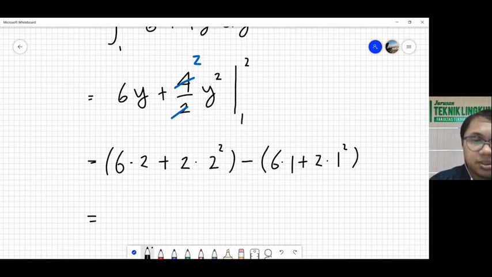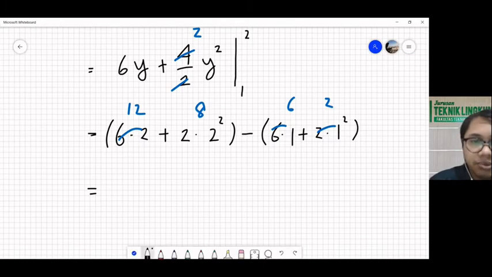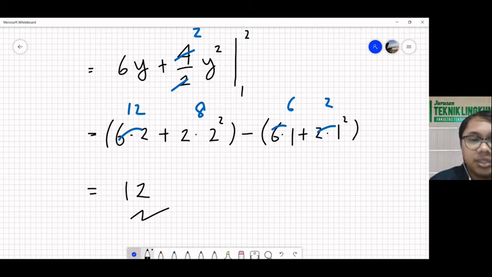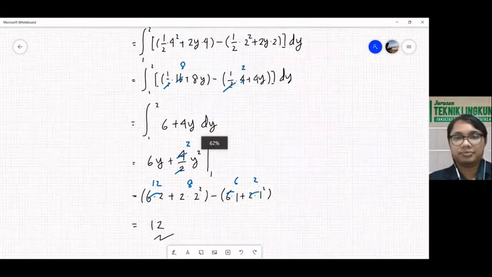Then here's 12, and this one is 8, 6, and 2. So at the end it becomes 12. Then here is the solution for the first example.